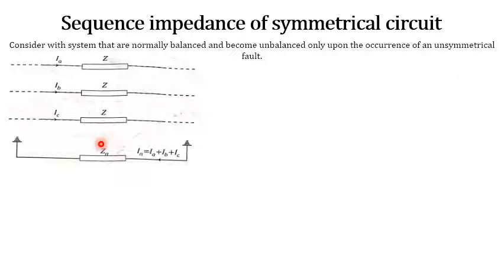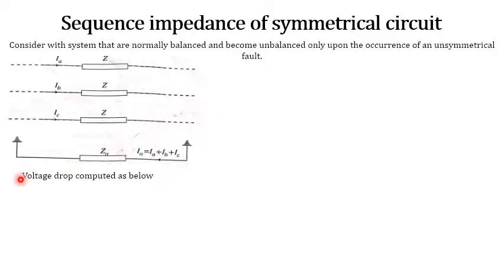We can observe that the impedance of A, B and C is the same, that is Z for the entire network, with a neutral impedance Zn. In is equal to Ia plus Ib plus Ic. It means that when the system is unbalanced, an amount of current flows in the neutral.